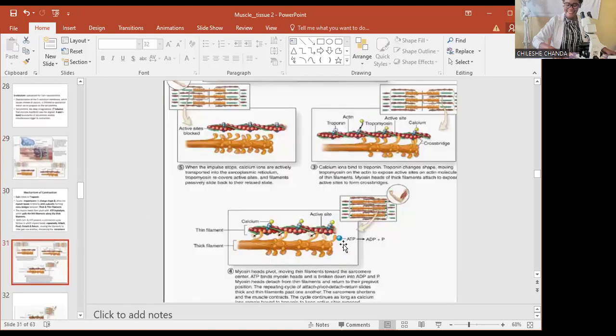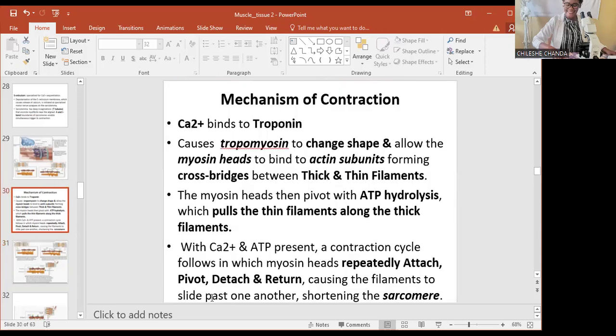So when you look at this, you have calcium coming in to bind to troponin. Once that happens, those green bands are going to change shape and allow the G-actin, which has myosin binding sites, to bind to the myosin.